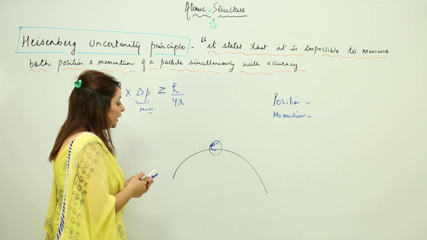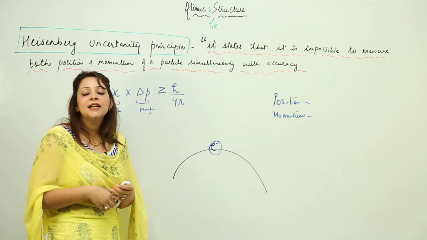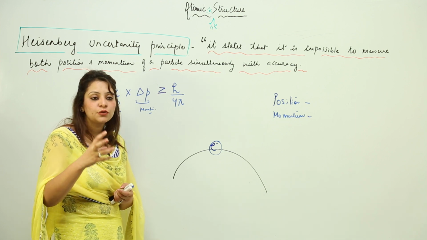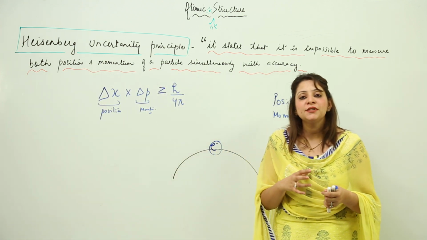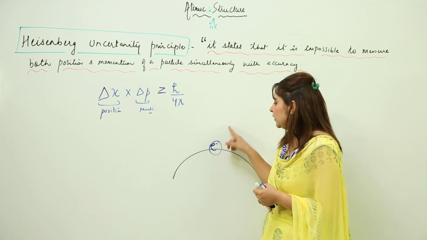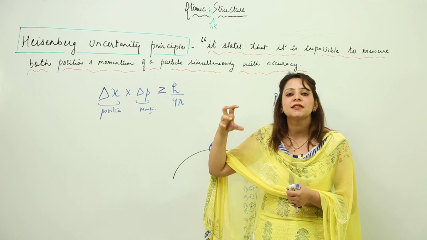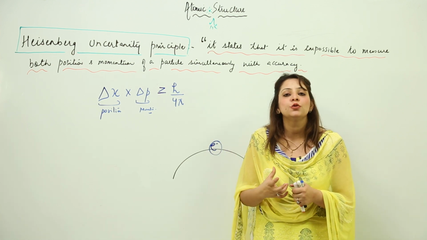Now, if we want to know the position of any particle, we need to strike a photon over it, or use light. The photon will strike this electron and get reflected back, and that reflected light is seen by the microscope, and taking all parameters into consideration, we get to know the position.